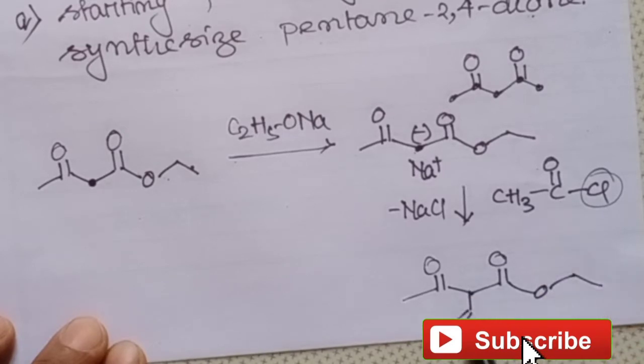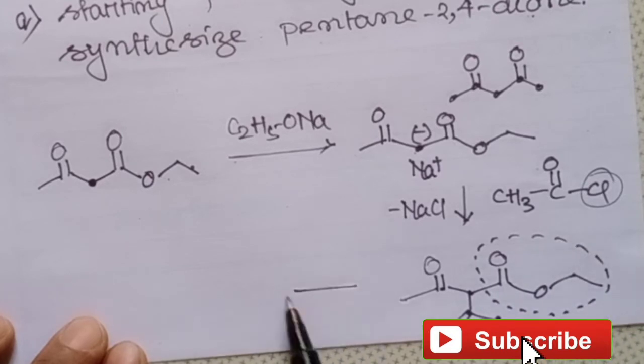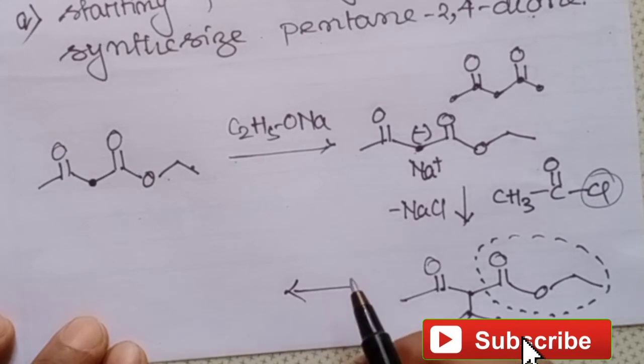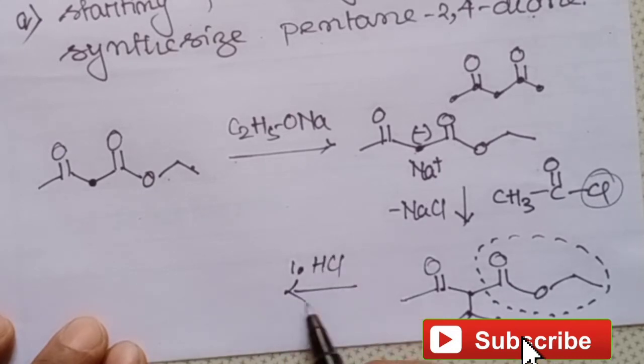Here is the double bond followed by carbon, that is CH3. So 1, 2, 3, 4, 5, pentane-2,4-dione. Now you have to remove this particular group. For removing it, you need first hydrolysis, that is by HCl, and secondly heat.